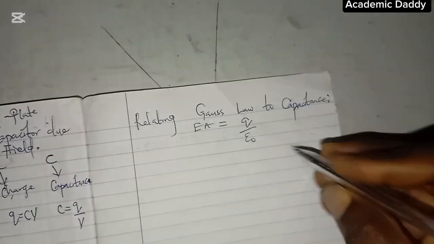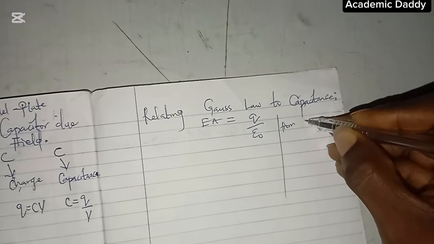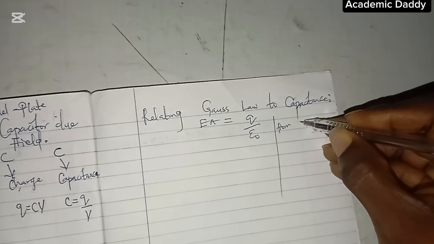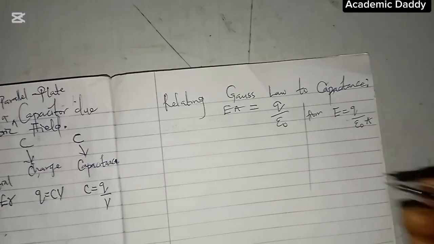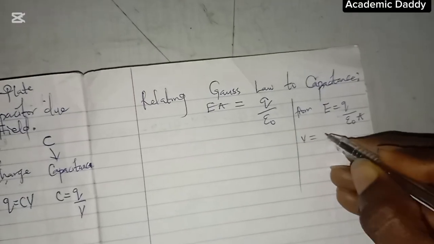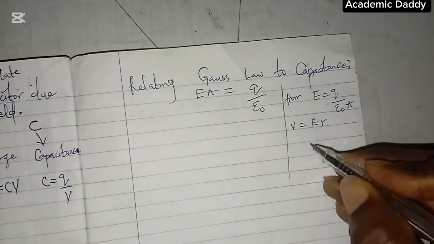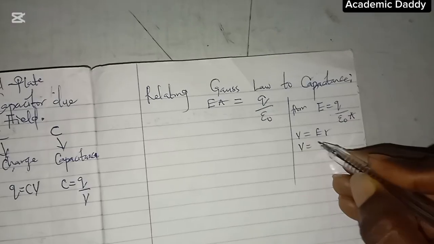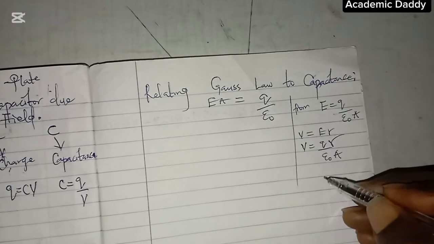Then we need to remember E equals Q all over E naught A. We remember that V equals ER. I'm just reminding you what we've done. That means V equals Q over E naught A times R. This is relating V to Gauss law.